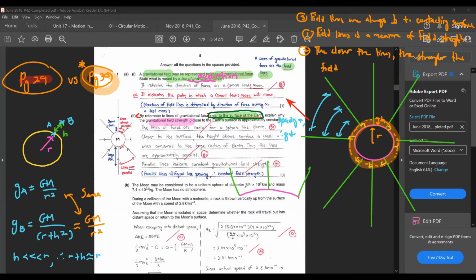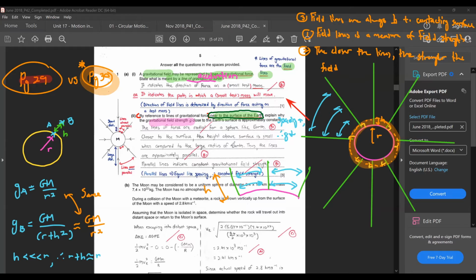So for this small distance of h, right over here, people can say that the line spacing appears to be almost the same, okay?